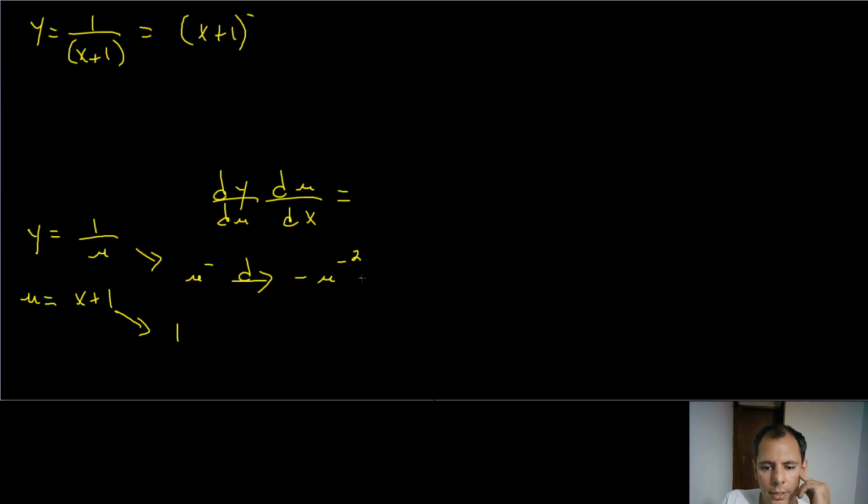So actually you're multiplying this by 1, which is just equals minus u to the minus 2, which is minus 1 divided by x plus 1 squared. Okay, this is in the numerator, so when u comes to the denominator, the exponent changes sign, and u equals x plus 1, so I put the x plus 1 in here.